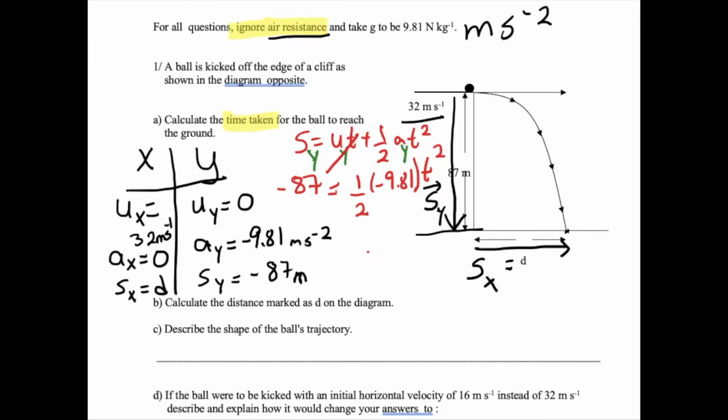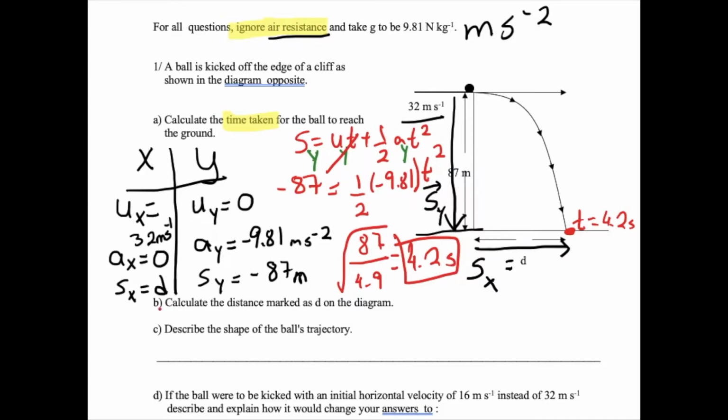Rearranging this is going to give us the square root of 87 divided by 4.9, which calculates to 4.2 seconds. So at t equals 4.2 seconds, the ball has reached this point.